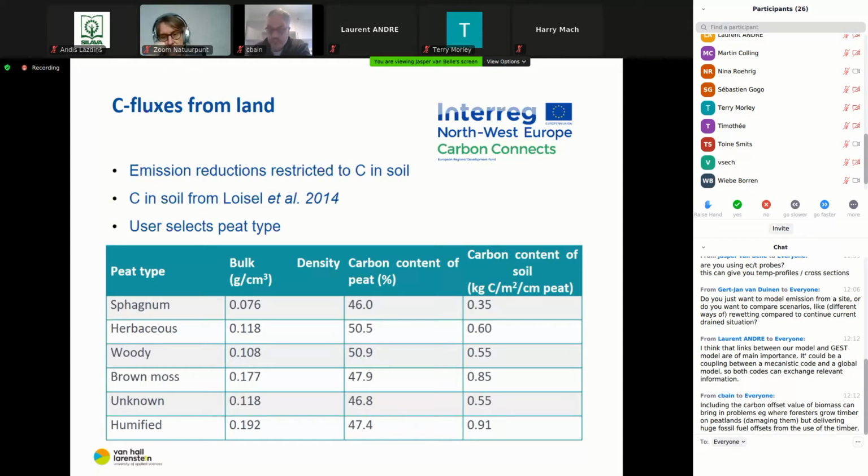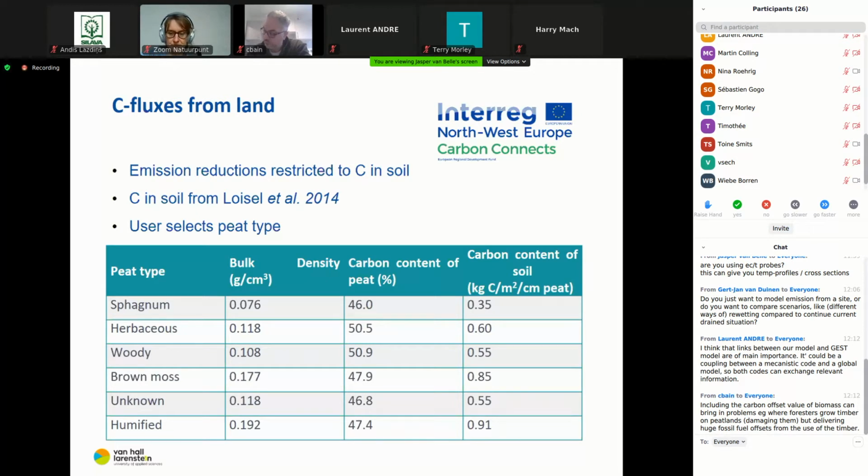So the user is asked to input the average peat depth on the site and the peat type. The site emissions tool then uses the table that you see here to estimate how much carbon is actually in the soil. In the end, it deducts the carbon emitted from the soil from the carbon stock at start.